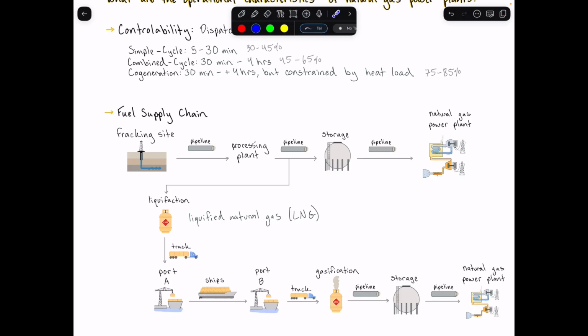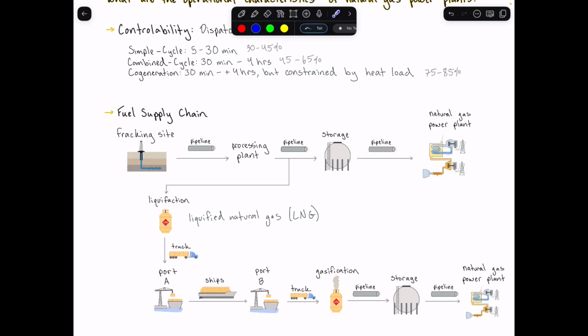It could be sent off from a port in the southern United States, put on a ship, arrive at a port in Europe, maybe Portugal or Spain, for example. And then from there, it can be trucked to a gasification plant where they take the liquefied natural gas, they warm it back up so that it is back into its gaseous state.